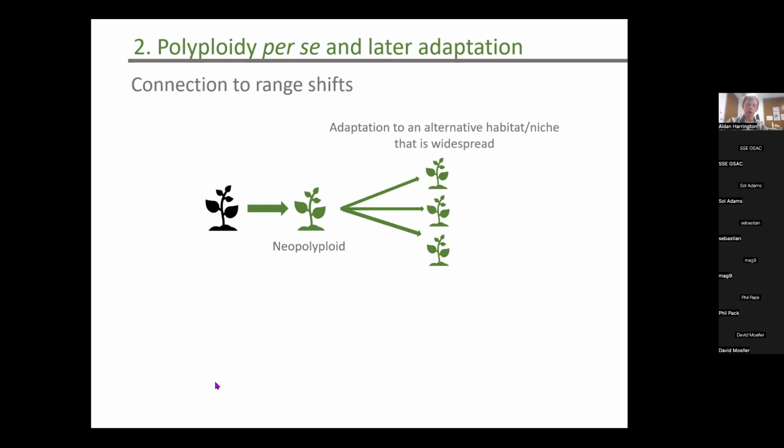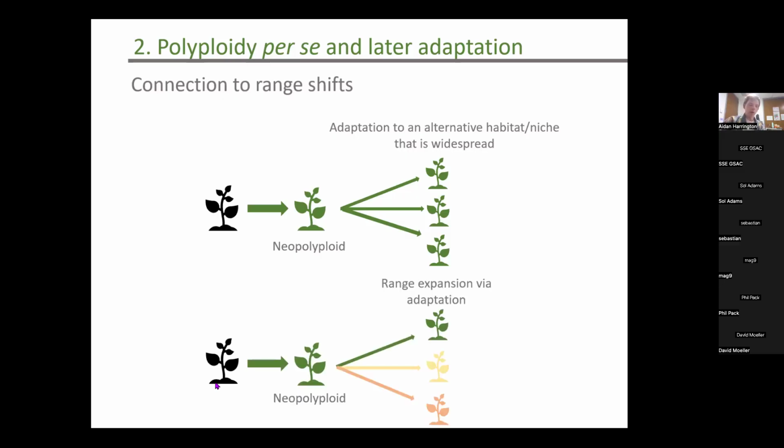So we could conceptualize, for example, a neopolyploid has formed. It has some alternative habitat or niche than the diploids do, and that habitat or niche is widespread, and so therefore the neopolyploid becomes widespread. Conversely, we could think about a situation where the neopolyploid is different from its diploid progenitors in some way, but then range expansion has occurred via adaptation.